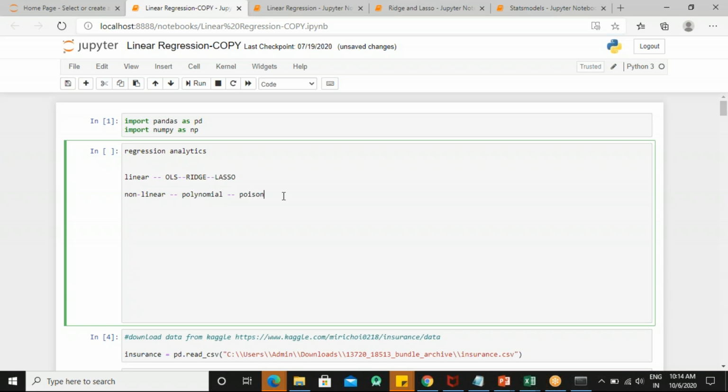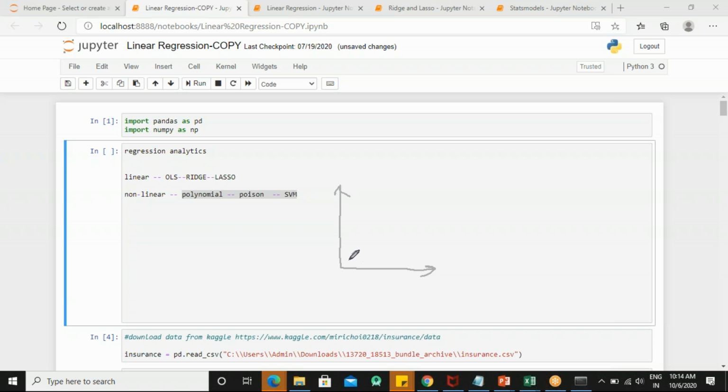No, these are models, guys. These are not the kernels. I'm not talking about kernels in SVM. I'm talking about the polynomial model, Poisson model, SVM model. Internally, they may use different formulae or a different algorithm, which is a different thing. But these are the models.